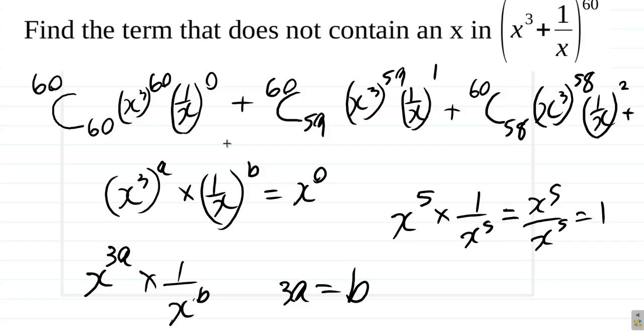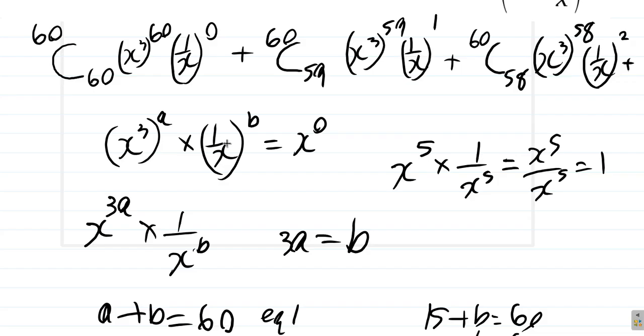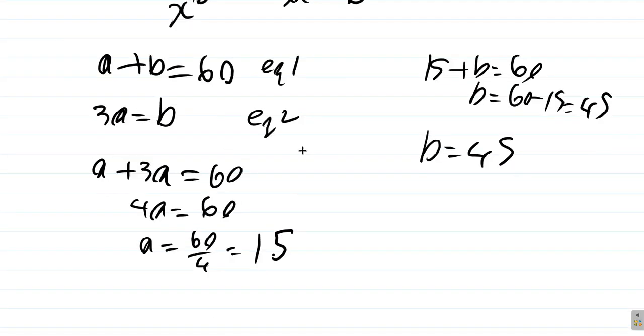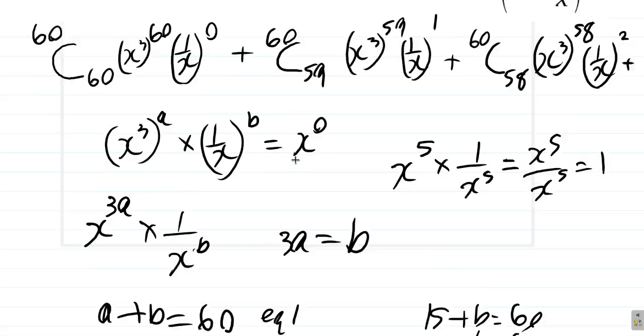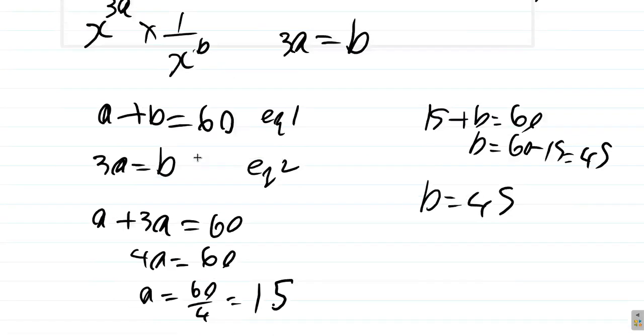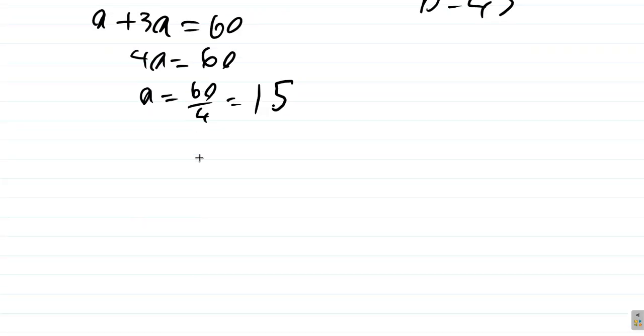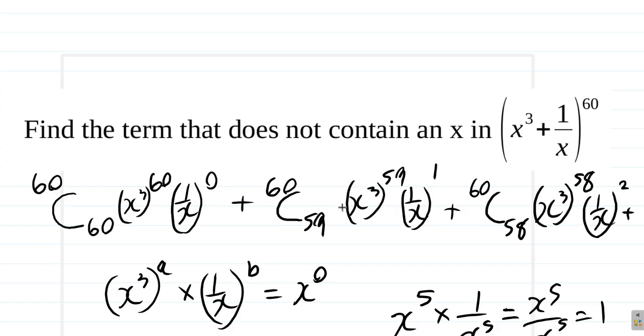So here now, a is 15, b is 45. So there are 15 of the x cubes, so it's 60 combination 15. Remember, we are arranging how many x cubes there are.